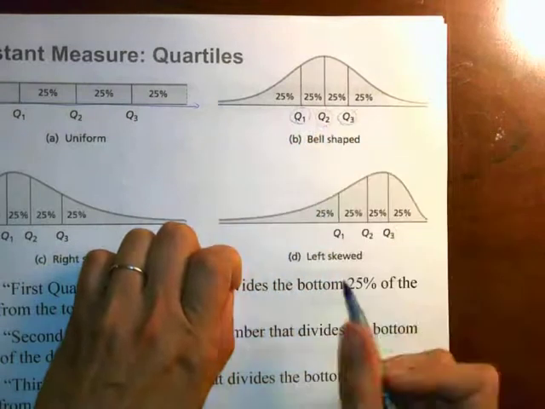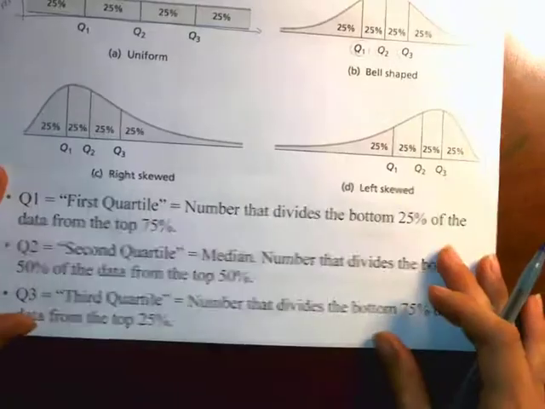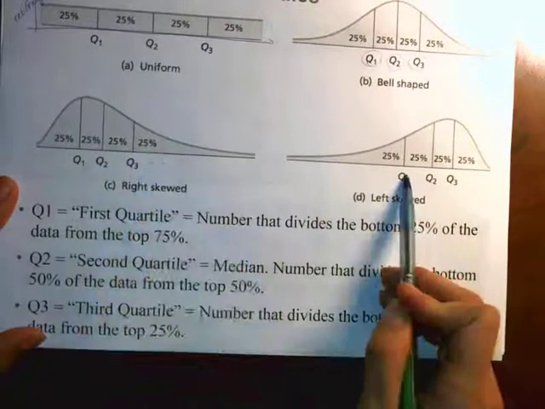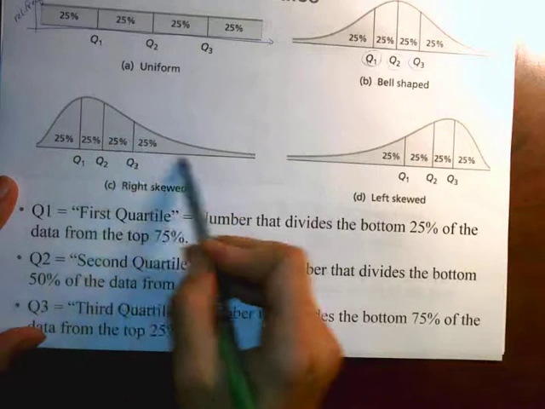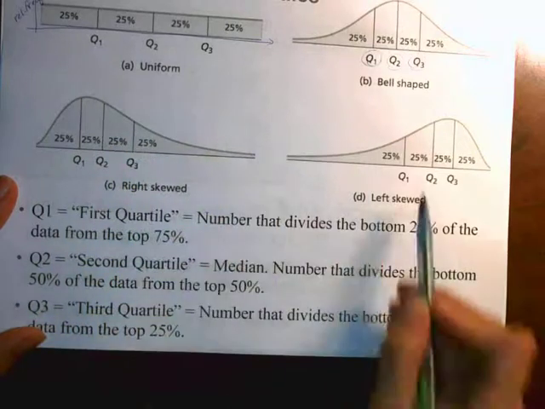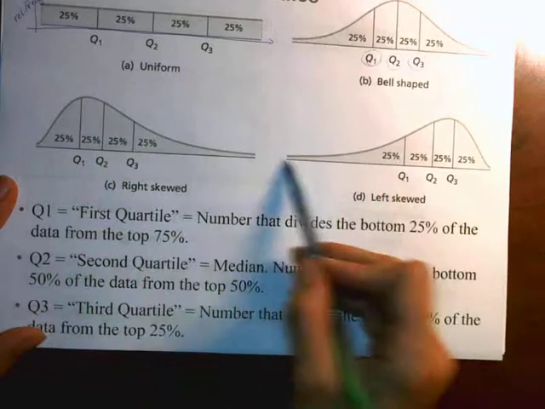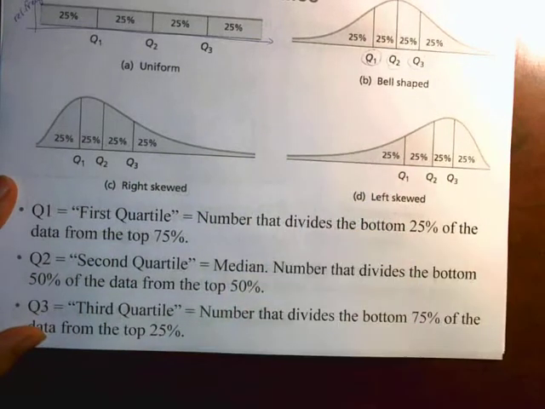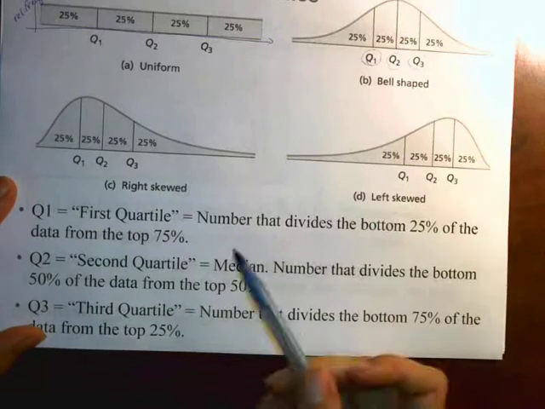And that's what quartiles are. Okay, so we could also look at right-skewed data and left-skewed data. Now you can see that 25% of the data has this really long range in right-skewed data. And in left-skewed data, 25% of the data has this really long tail in the left direction.